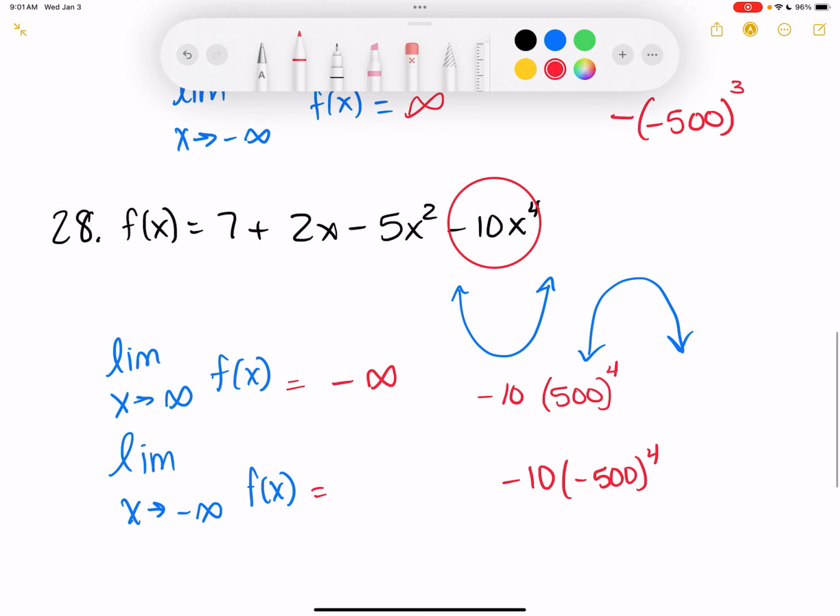What's the sign going to be on this one? So what happens anytime you raise something to an even power? What happens to the sign on it? Positive. So this would have become positive, whatever 500 to the fourth is, times negative 10, so it would have also been negative, so negative infinity. So this one is going down to negative infinity for its end behavior. So this one would look like that option going down.